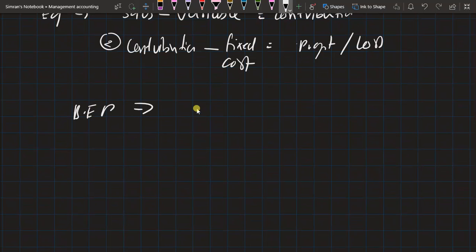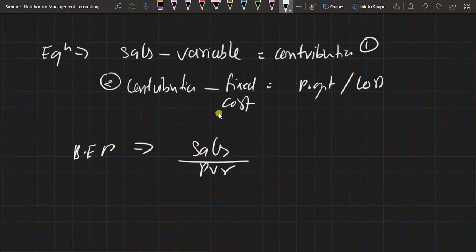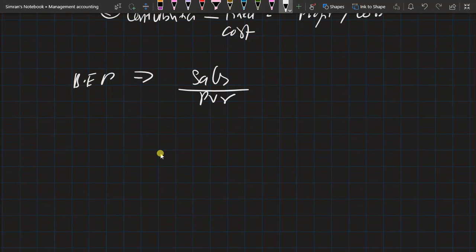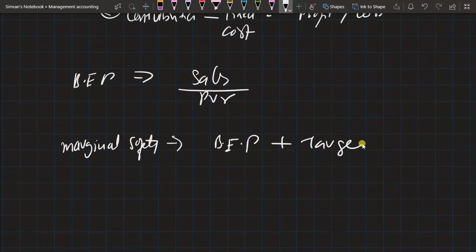Here in this formula we have seen that we will get the quantity and we will multiply it with the unit cost, we will get the sales. For quantity, we take fixed cost divided by unit contribution.